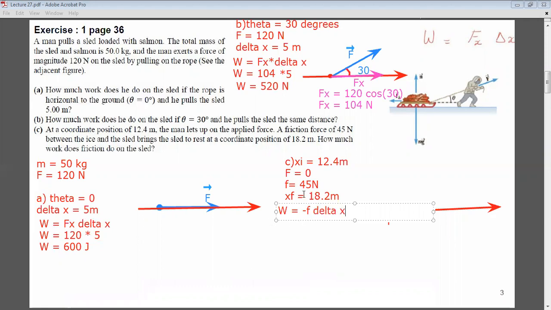How much is delta x? He didn't give me 5 meters. He gave me x initial and x final. So from x initial and x final, I know that delta x is x final minus x initial, which is equal 18.2 minus 12.4. Delta x equal 5.8.